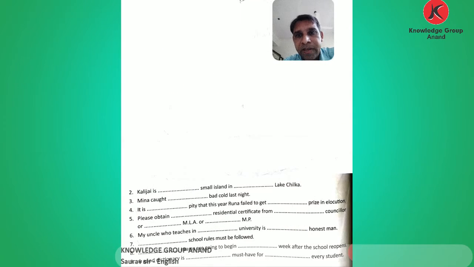On the second page there are 9 sentences given. Let's see the answers of these sentences. So here, what is the name given? Kalijai. Kalijai is a small island. It talks about an island.